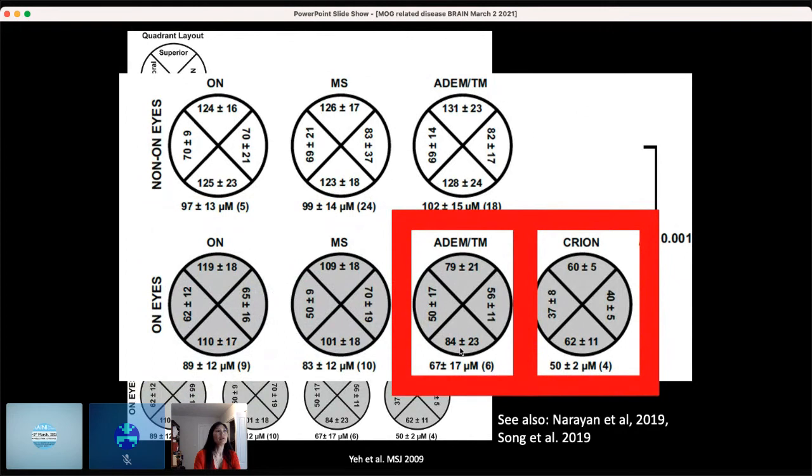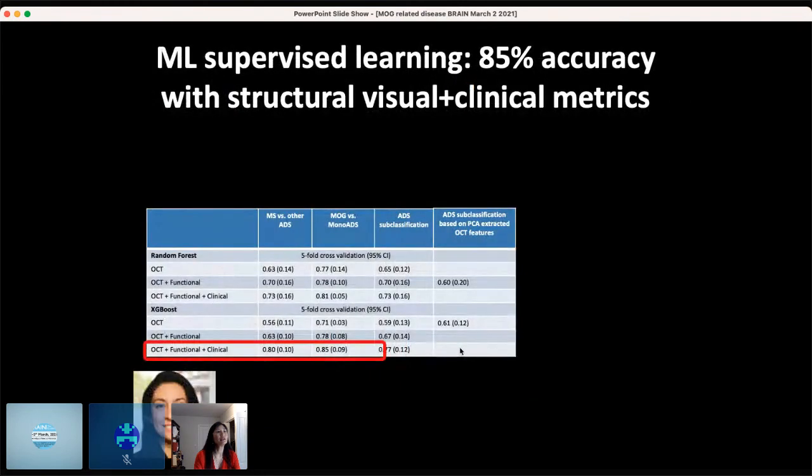So the eye is very important, and structural abnormalities in the eye are very important in children with MOG. We asked the question of whether those structural abnormalities could help to predict MOG antibody positivity using a machine learning approach, with a supervised learning approach.